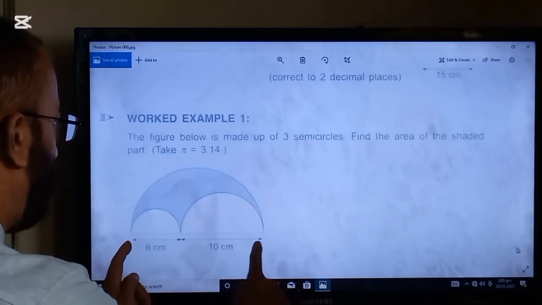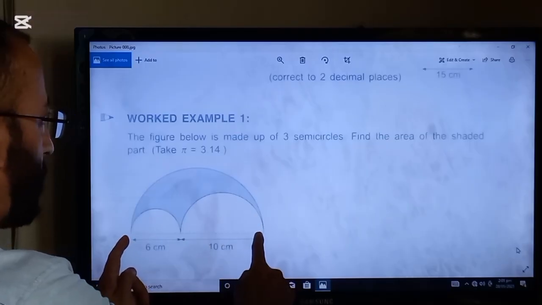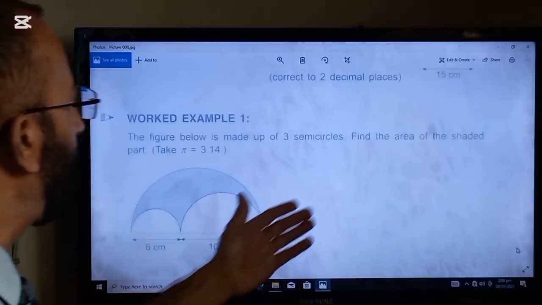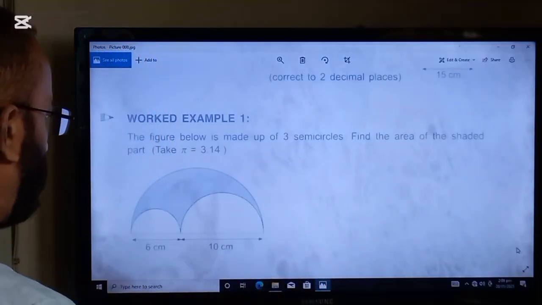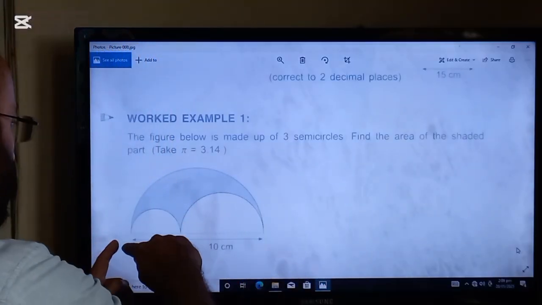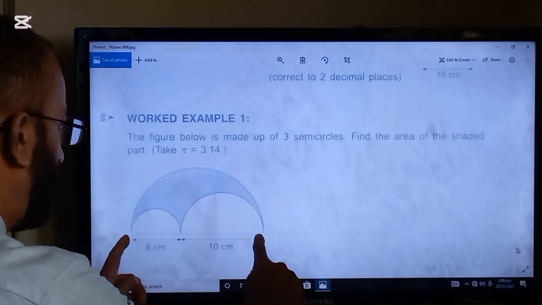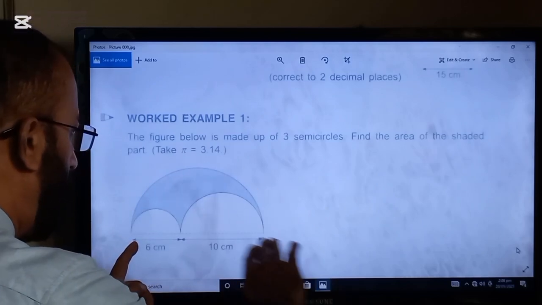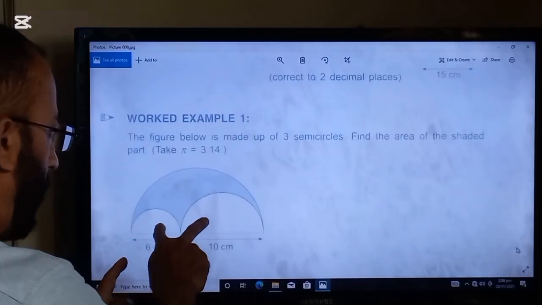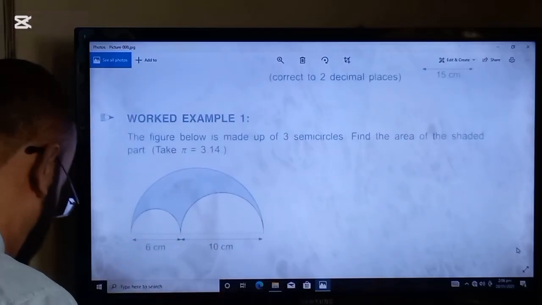So 8 will be the radius of the biggest one. So the requirement is find the area of the shaded region. So this shaded part is required. The method will be, first we will find the area of the biggest one. And from the answer, we will subtract the areas of the 2 unshaded semicircles.